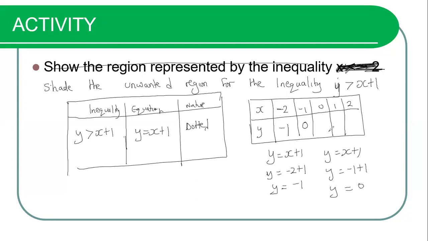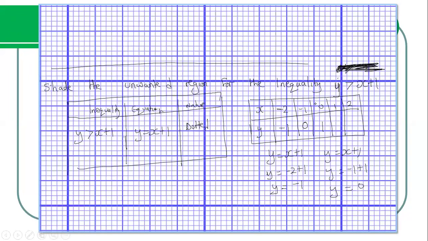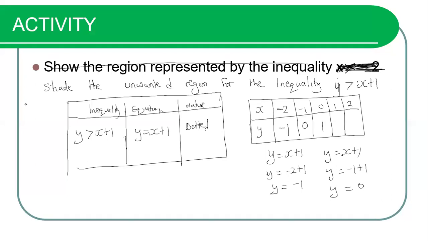So, members, what value do you have where x is 0? 1. Where x is 1? 2. And where x is 2? 3. Okay. Members, can we first plot that line?